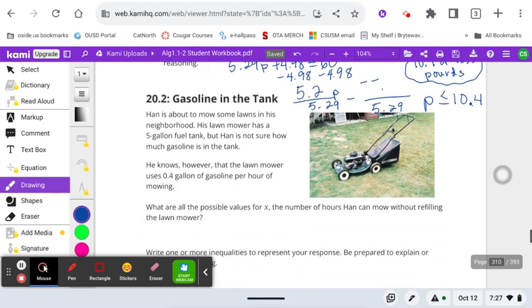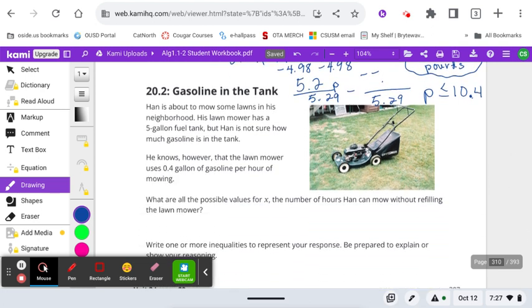How'd you do? All right, Han is about to mow some lawns in his neighborhood. His lawnmower has a 5-gallon tank. And he knows, however, the lawnmower uses 0.4 gallon of gasoline per hour in mowing. What are all the possible values for X, the number of hours that he can mow without refilling?